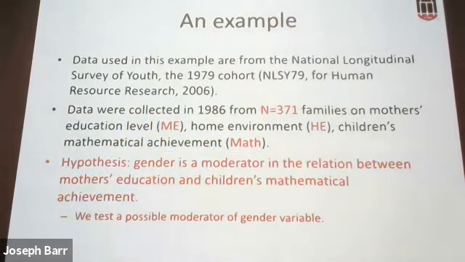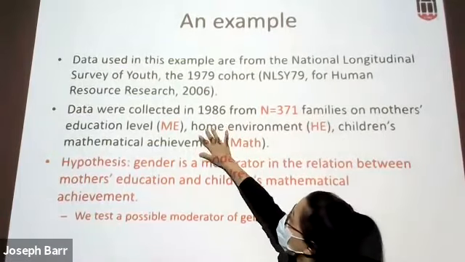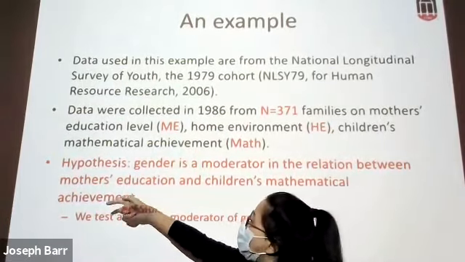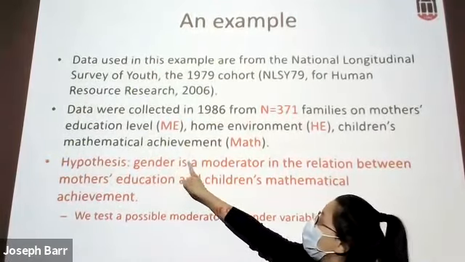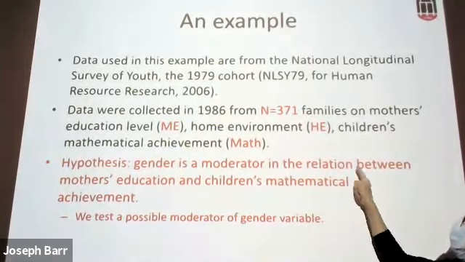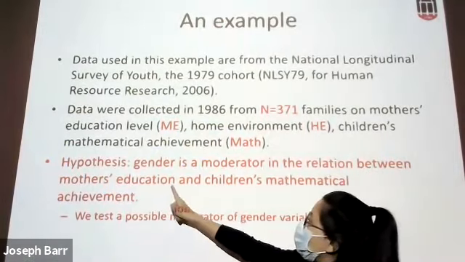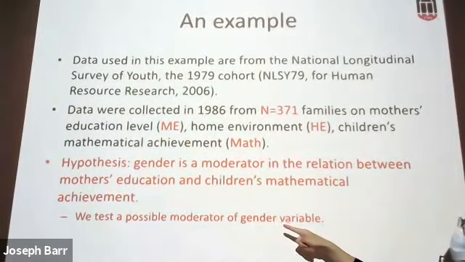Let's look at an example. So we have our data set. We have three variables: HE, ME, math. From here to here, it's just our old example. But now I add something new. This is a new hypothesis. Gender is a moderator in the relationship between mother's education and the children's math achievement.